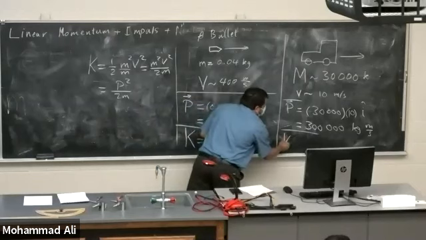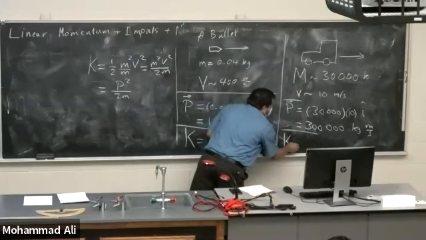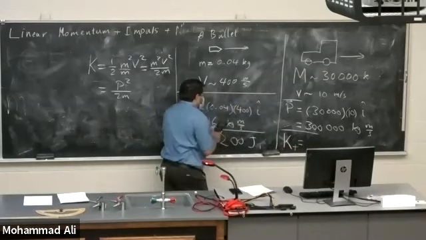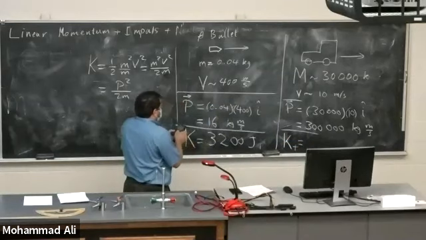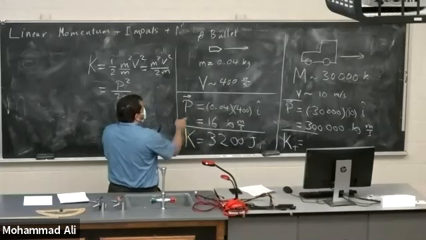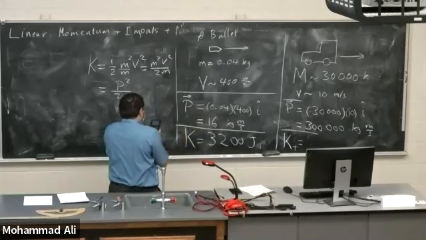The kinetic energy for the train is the momentum squared, which is 300,000 squared over 2 multiplied by its mass, which is 3 and 4 zeros.